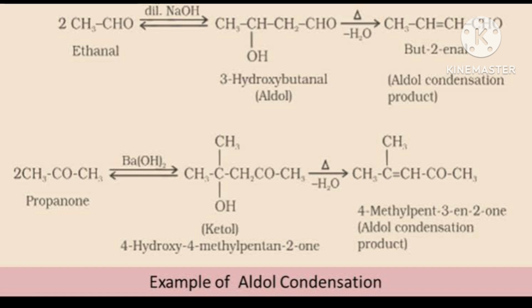Now we can call it but-2-enal, because in the end the CHO group is there. Total carbon is 4, and between carbons 2 and 3 a double bond is there. So but-2-enal is popularly called the aldol condensation product.